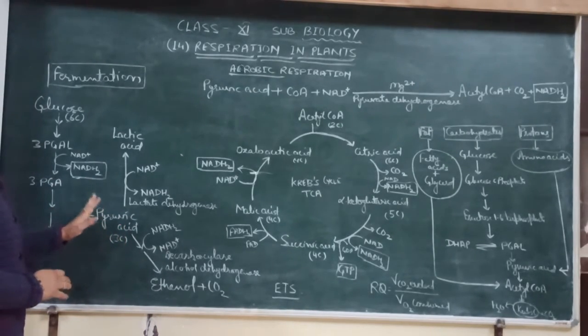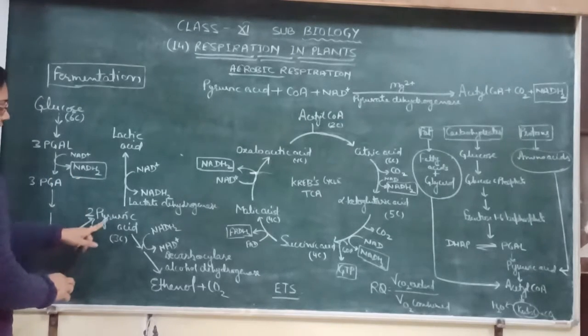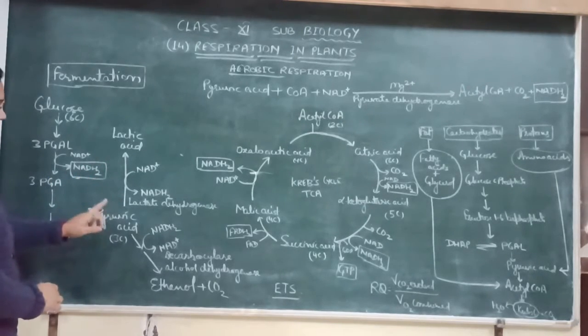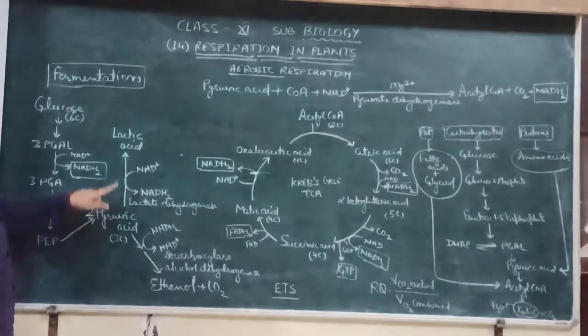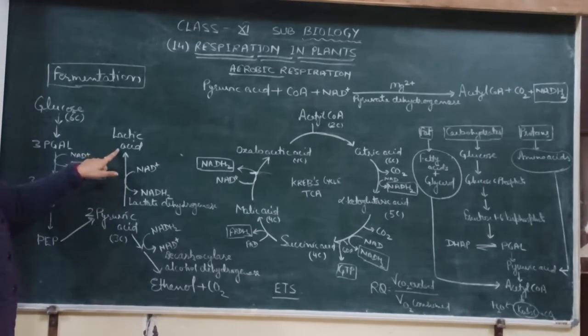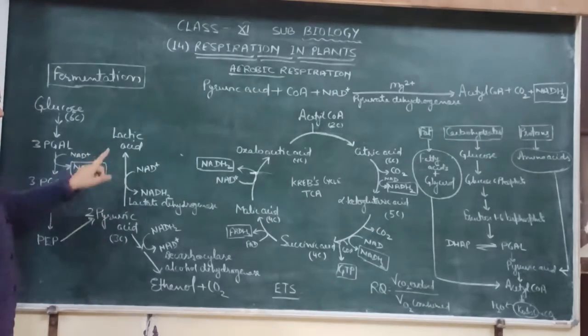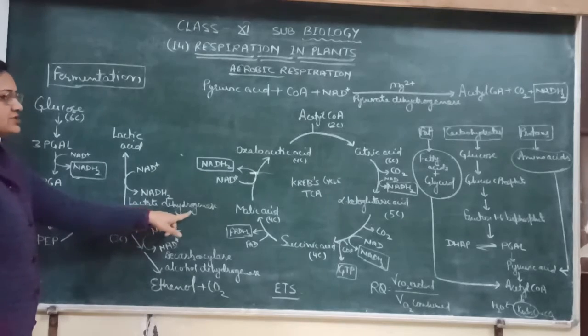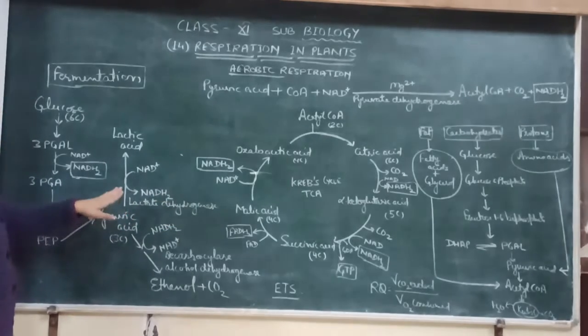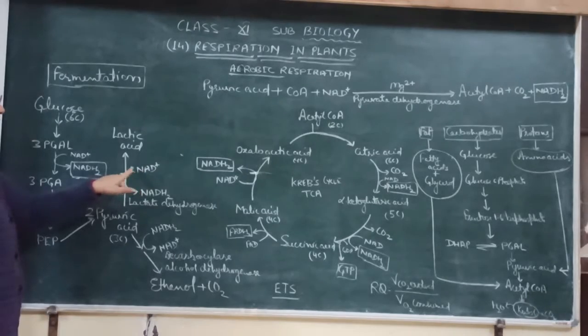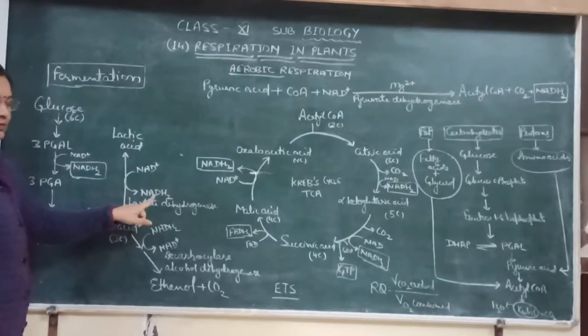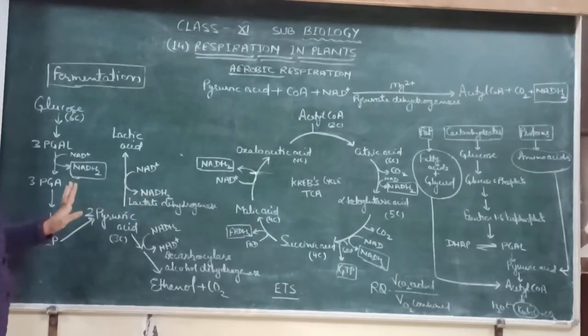When oxygen is not available, then in our muscles, this pyruvic acid is converted to lactic acid, and for this process the lactate dehydrogenase enzyme works and NAD is converted to NADH2, which means NAD is reduced.